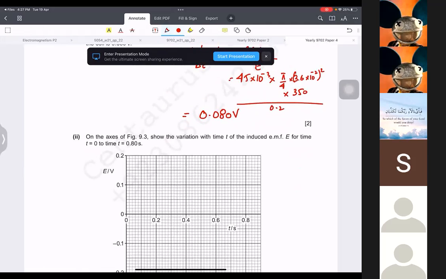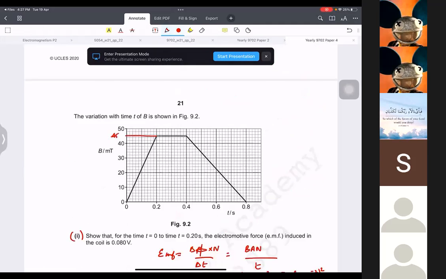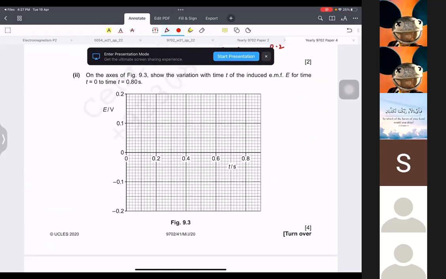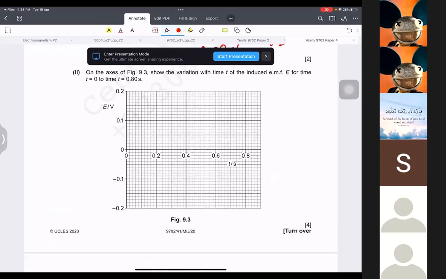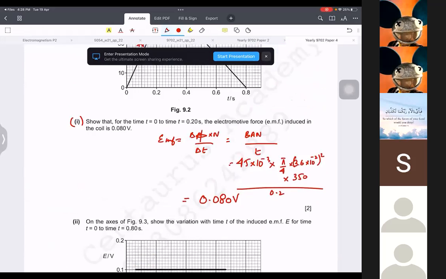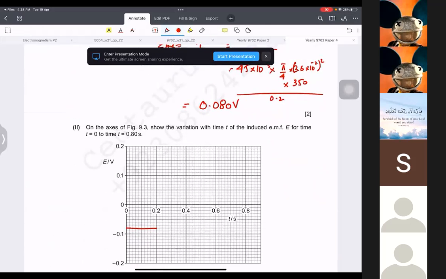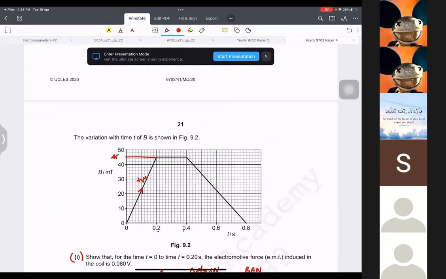Then on axis show the variation of induced EMF for the first time. This is positive gradient. So from 0 to 2, it will show you negative 0.08. I think it should be somewhere here. And then for the next, it will be 2 to 4. And then here, it will be 4 to 8.